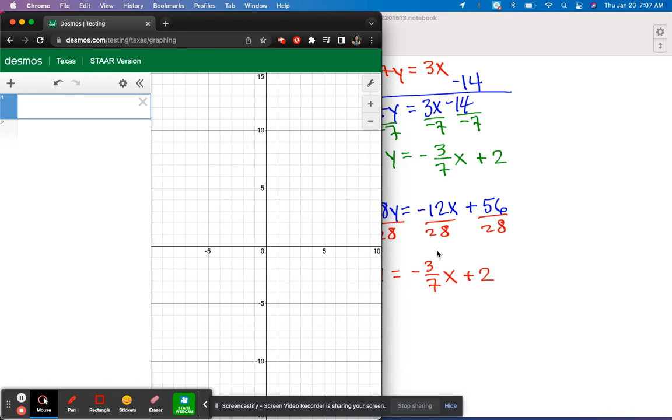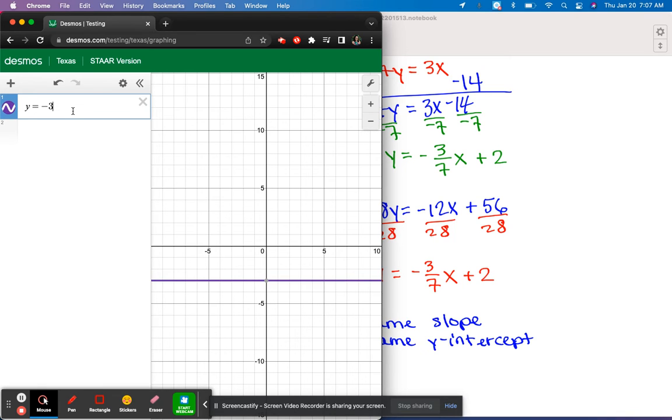So we have the same slope, same y-intercept. Let's go ahead and graph them. Even though they're the same, let's go ahead and graph.